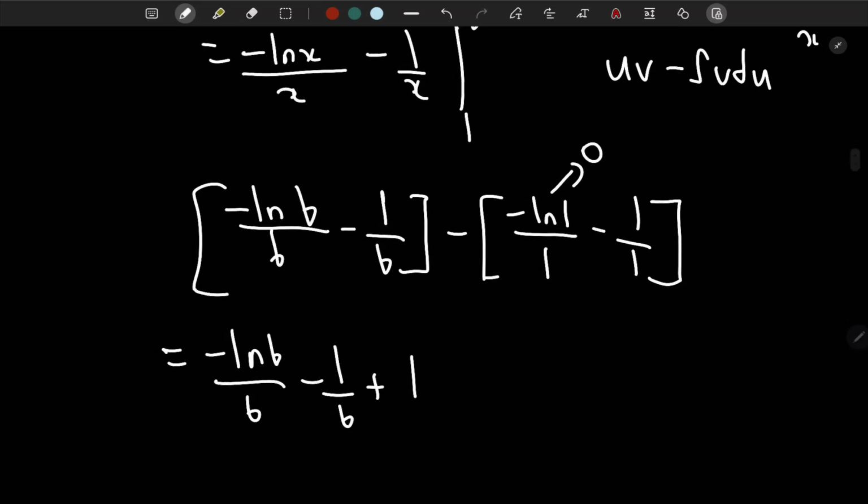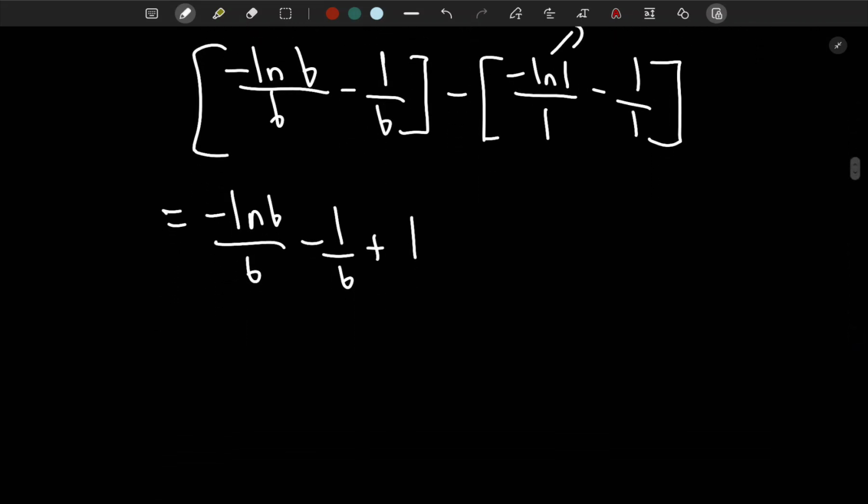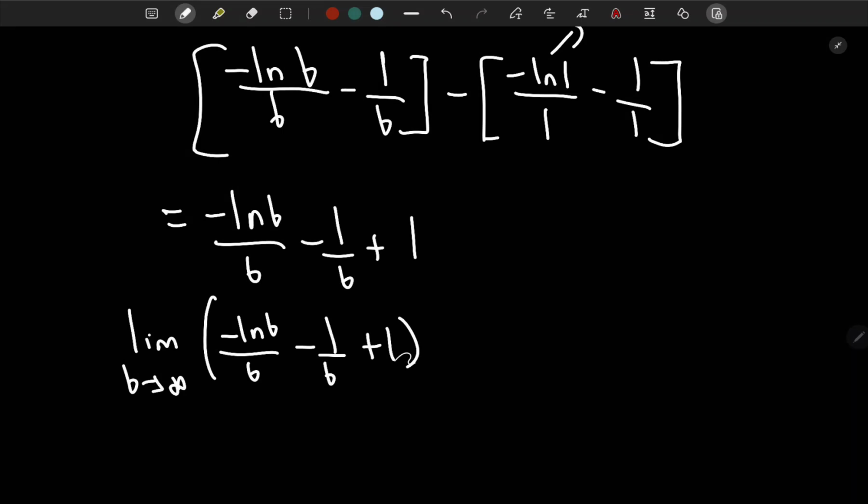So now all that's left here is to take the limit as b approaches infinity. So now let's write that down. The limit as b approaches infinity of minus ln b over b minus 1 over b plus 1. Now we can separate this and take the limit for each of them separately. It will help us.